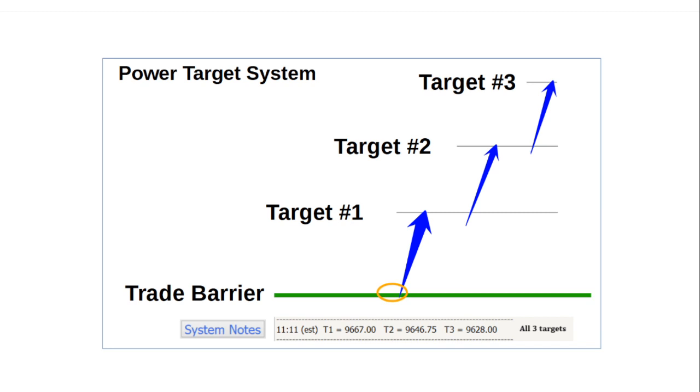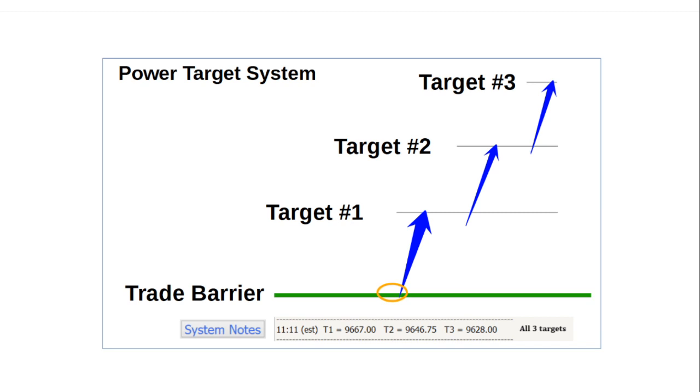But with this system, you don't have to worry about any of that. You just jump in, follow the system stops, follow the system targets, and let the market do what it's going to do, right? If the market's throwing a temper tantrum all day, but it's still going in your direction and hitting the targets, then you see the big benefit of this type of system.